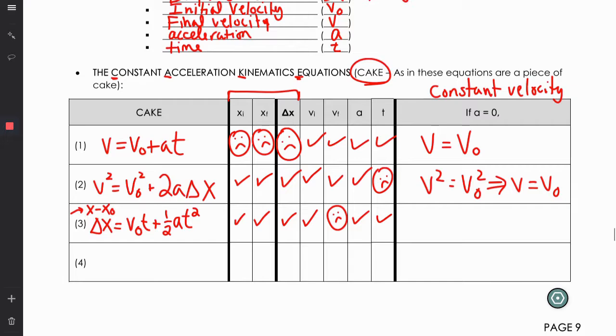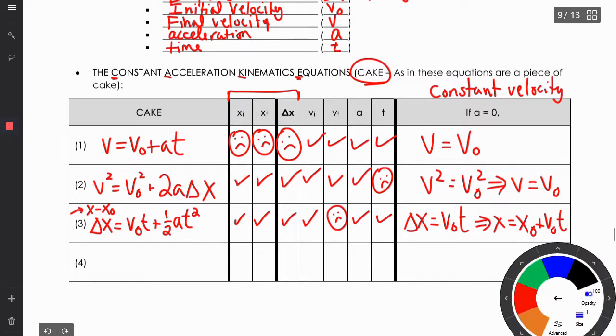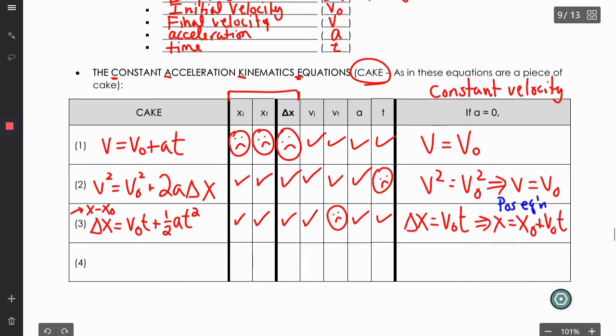If we plug in 0 for the acceleration, we end up with an equation that looks like this. If we expand it, we end up with x equals x0 plus v0t. This is sometimes referred to as the position equation, because it solves for the position at any time when knowing the initial velocity and the time.